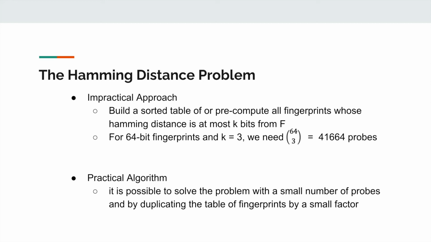For example, for a 64-bit fingerprint with k equals 3, we need at least 41,000 probes to detect its near duplicates. So the practical algorithm raised by this paper is to solve the problem with a small number of probes and by duplicating the table of fingerprints by a small factor.